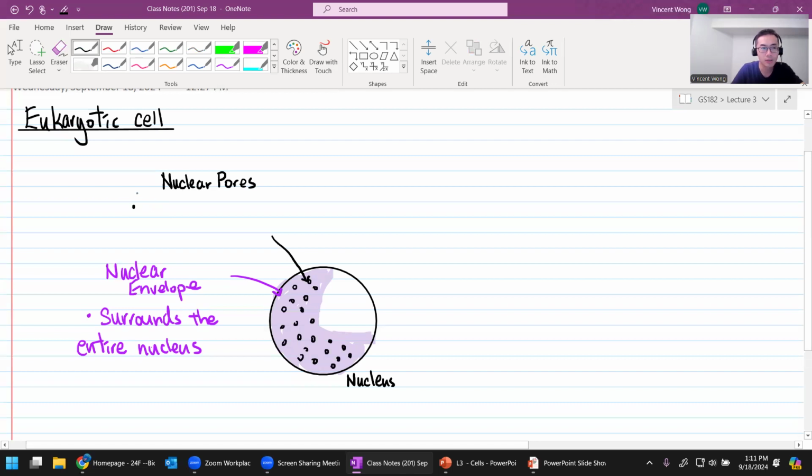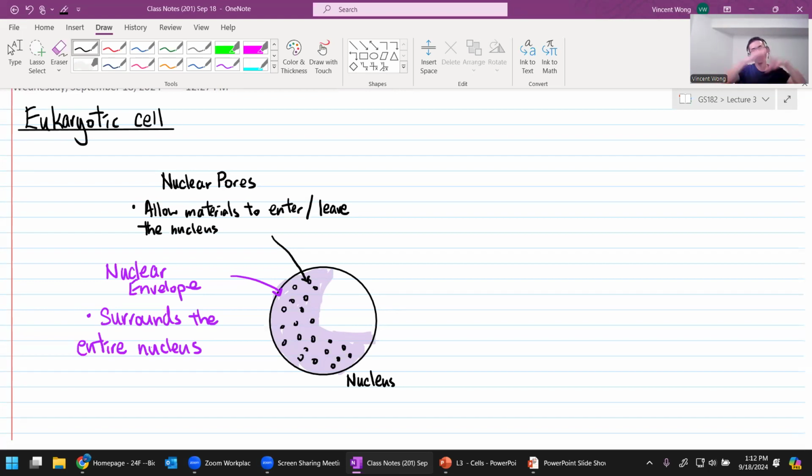And the function of the nuclear pores is to allow materials to enter or leave the nucleus. Some things need to go in, some things have to come out. I'll tell you what they are in a bit.